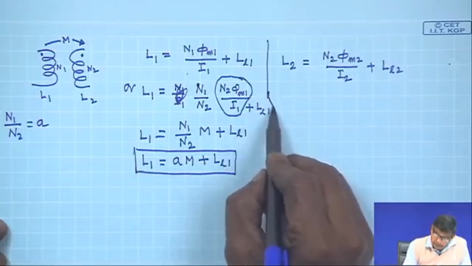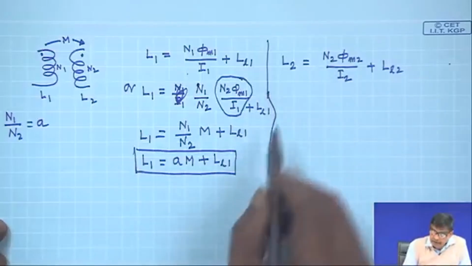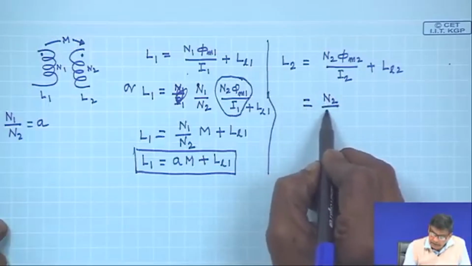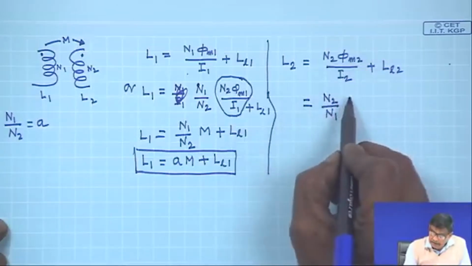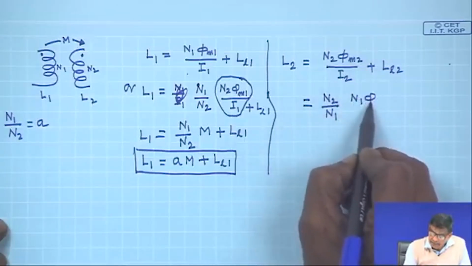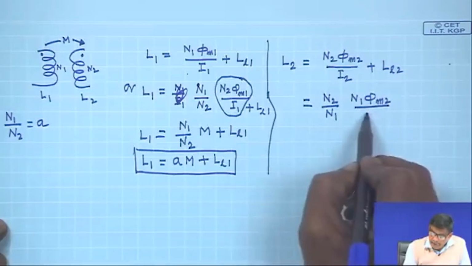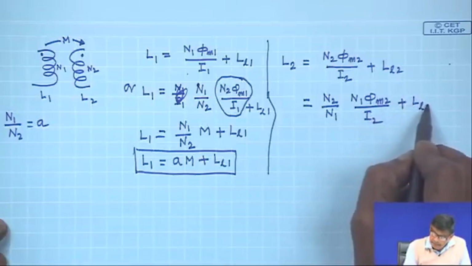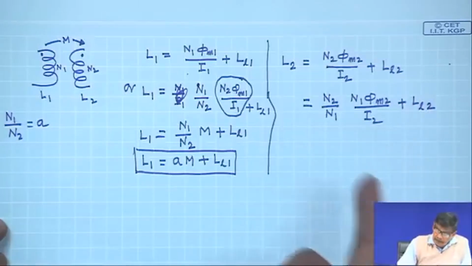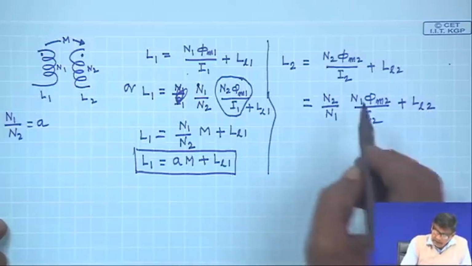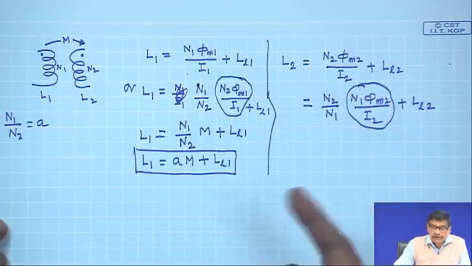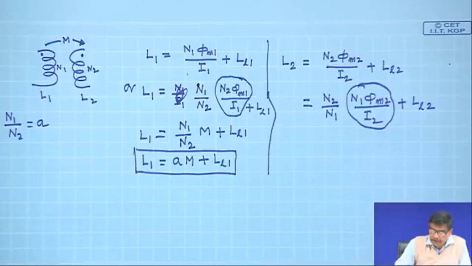In the same way, if you look at L2, you divide by N1 and multiply with N1. Then we can recognize this to be once again mutual inductance, since there is no difference between M12 and M21.